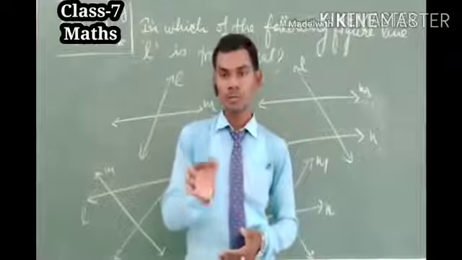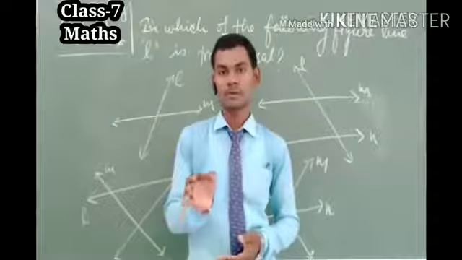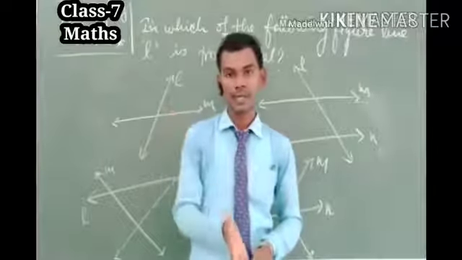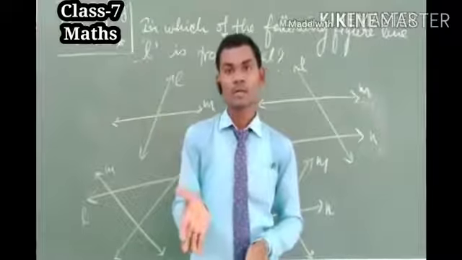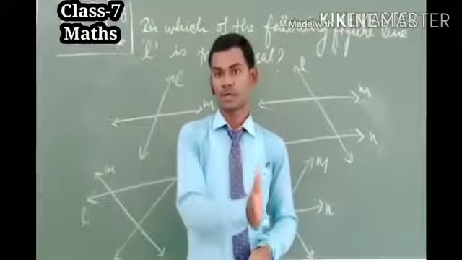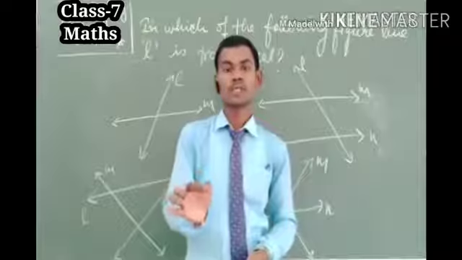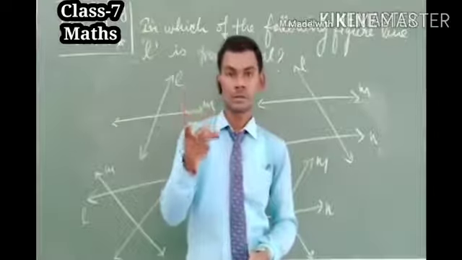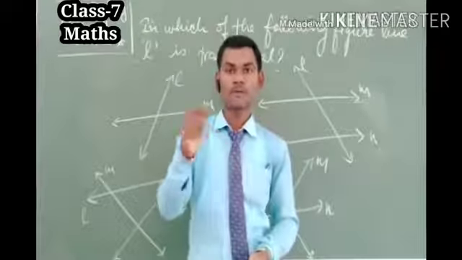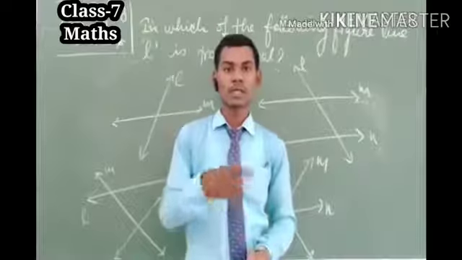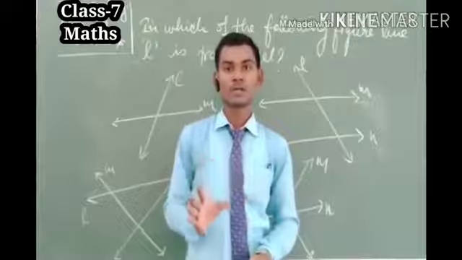The important condition is that the line intersects the two or more lines at different points. If it intersects at the same point, then the line is not really a transversal.